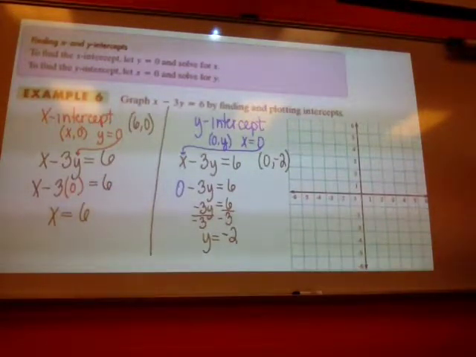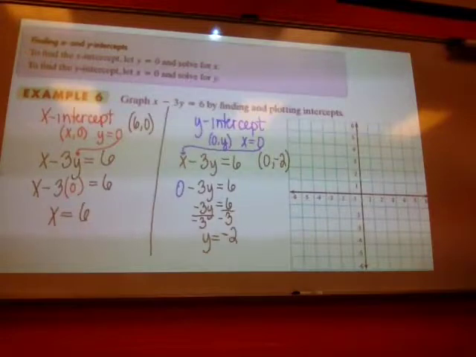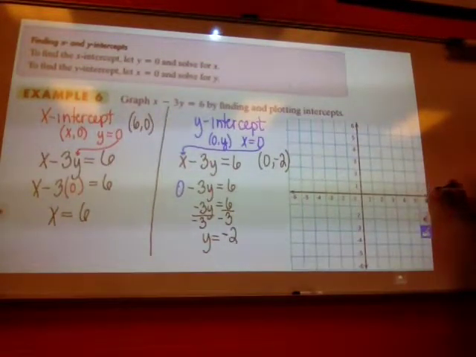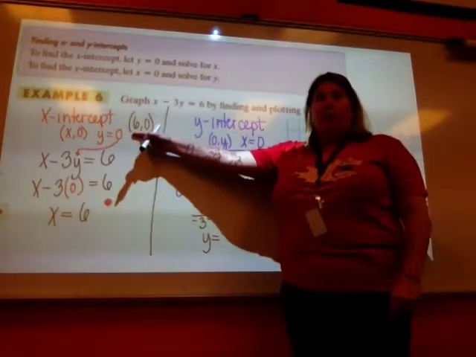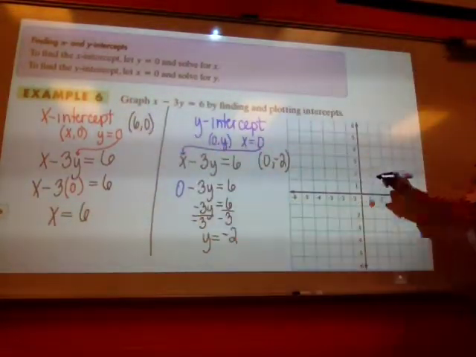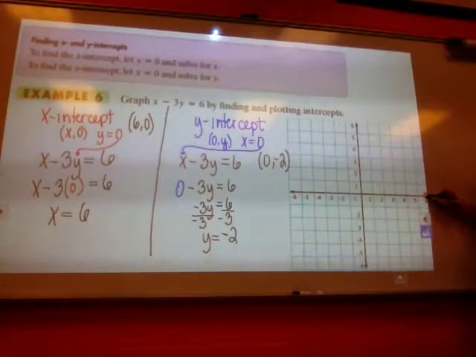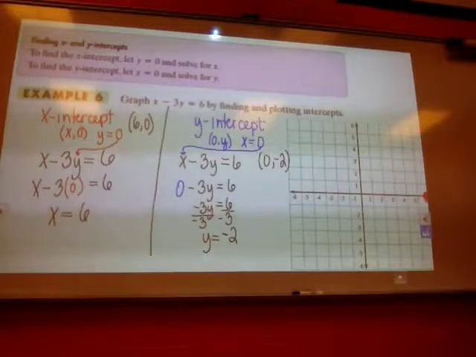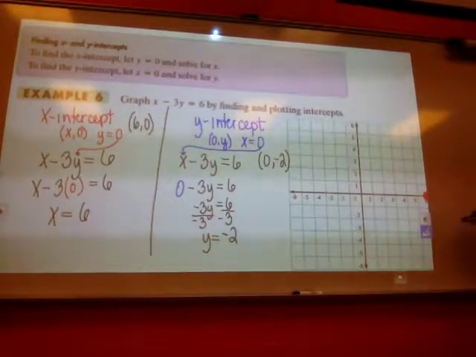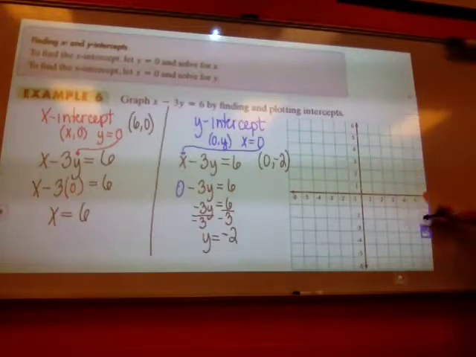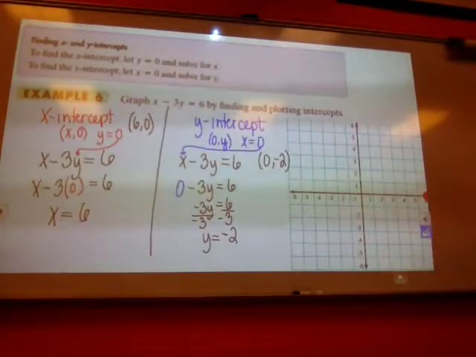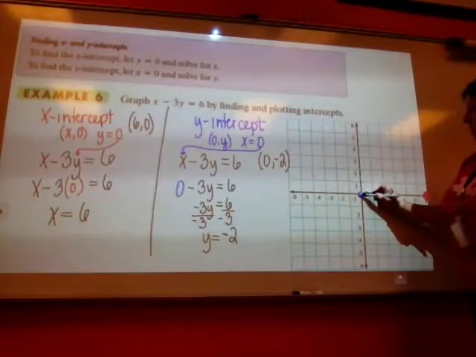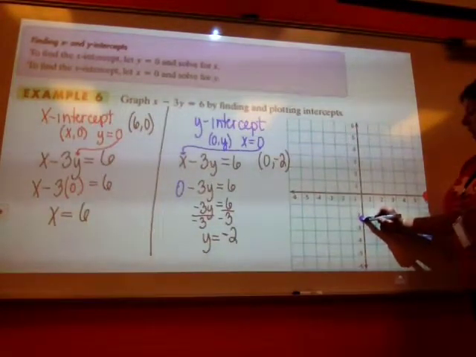On the x-axis. Where on the x-axis? At positive 6, at 6, 0, because that's my ordered pair. So I'm going to put my point at 6, 0. And my second point goes on the y-axis, at 0, negative 2.